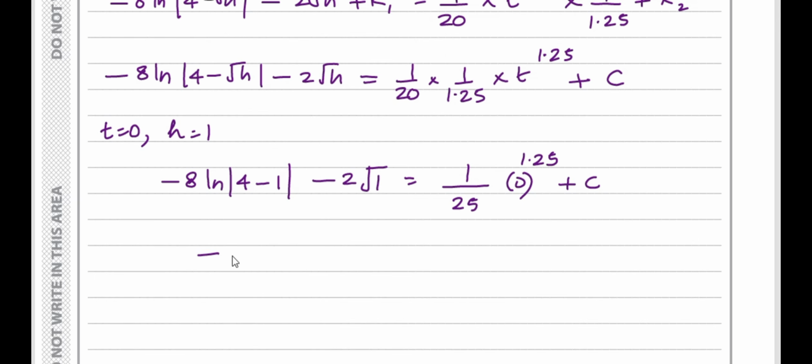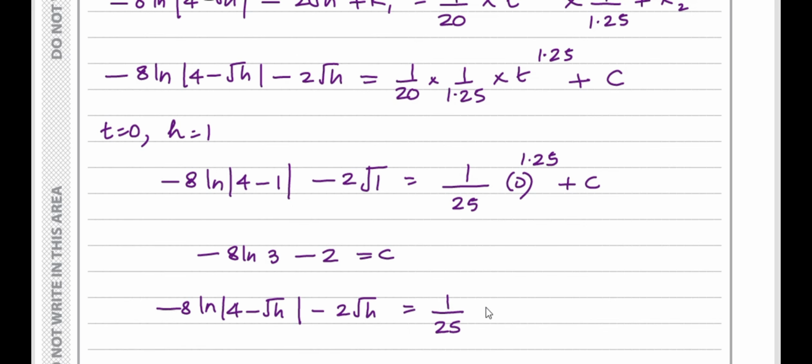Simplifying this, we get minus 8 ln 3 minus 2 equal to c. So let's put this c value into this equation. So that will be minus 8 ln 4 minus square root of h minus 2 square root of h equals 1 over 25 times t to the power of 1.25 minus 8 ln 3 minus 2.